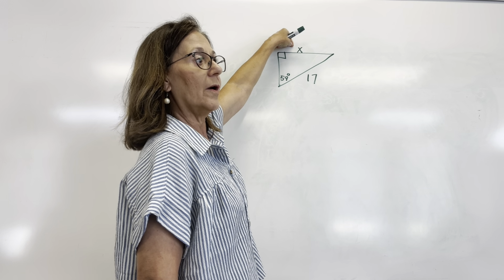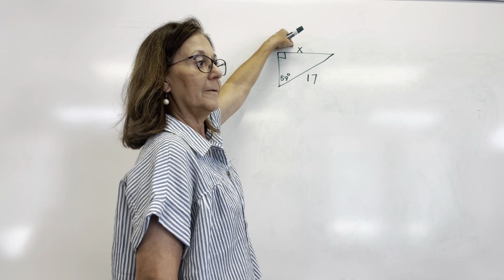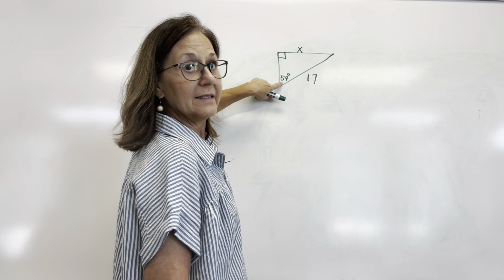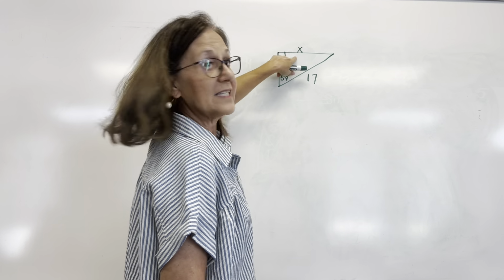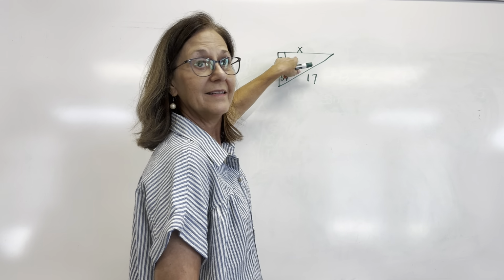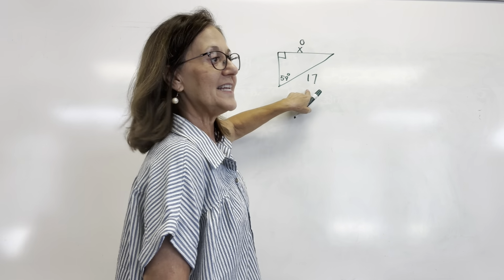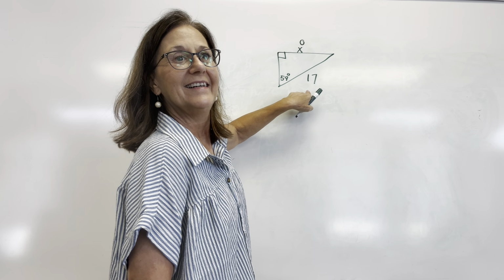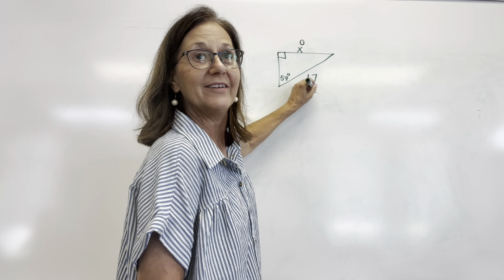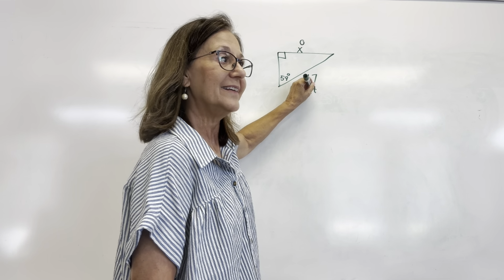Is it A, O, or H? In relation to 59 degrees. It's O. It's opposite. You see that? Yes. And what is 17? H. It's the hypotenuse. You got it? Yes, ma'am.